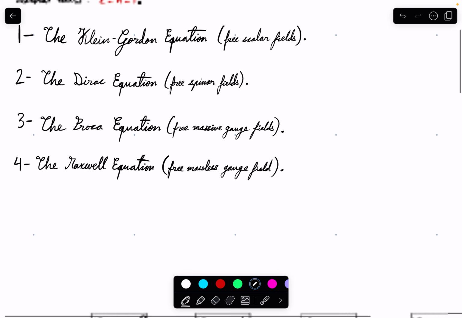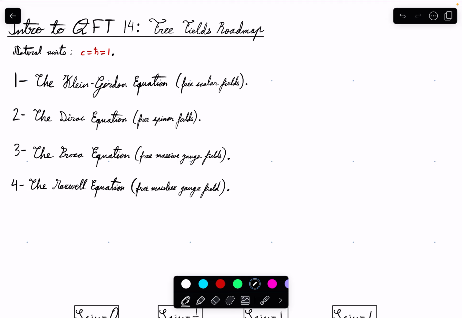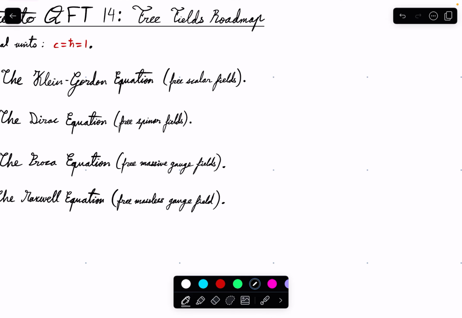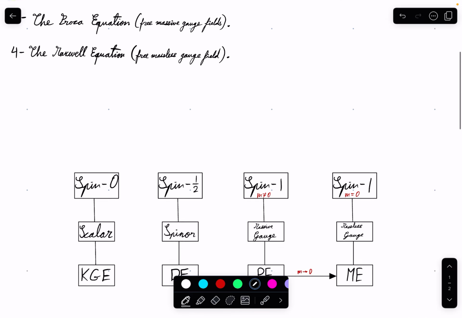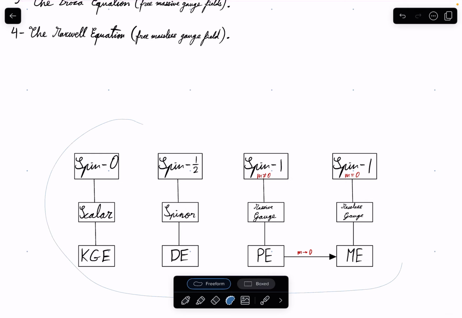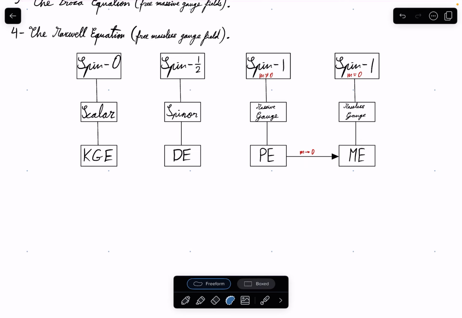We'll see that the solutions for all of these equations have a specific form, but before we talk about that, I'm just going to move this up here so you can get an idea of what the picture is.